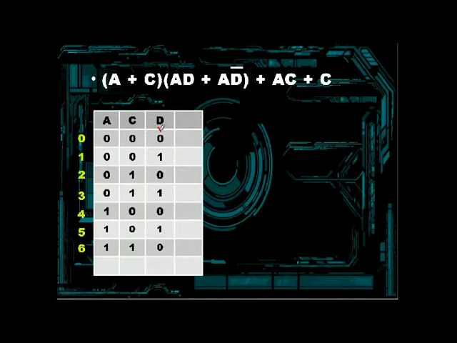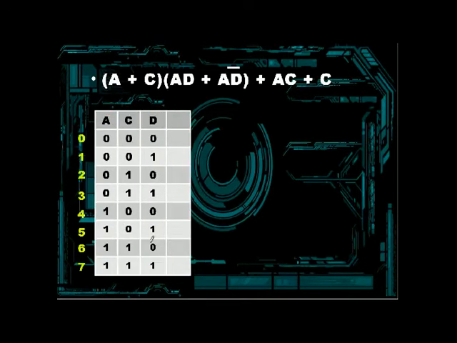This is 1, 2, and 4, from 2 to the power 0, the power 1, the power 2, converting from binary to decimal. That's why this is 6. This is 4 and 2, 6. This is 2 and 1, 3. This is 4 by itself. This is 5. And the last one I have 7.